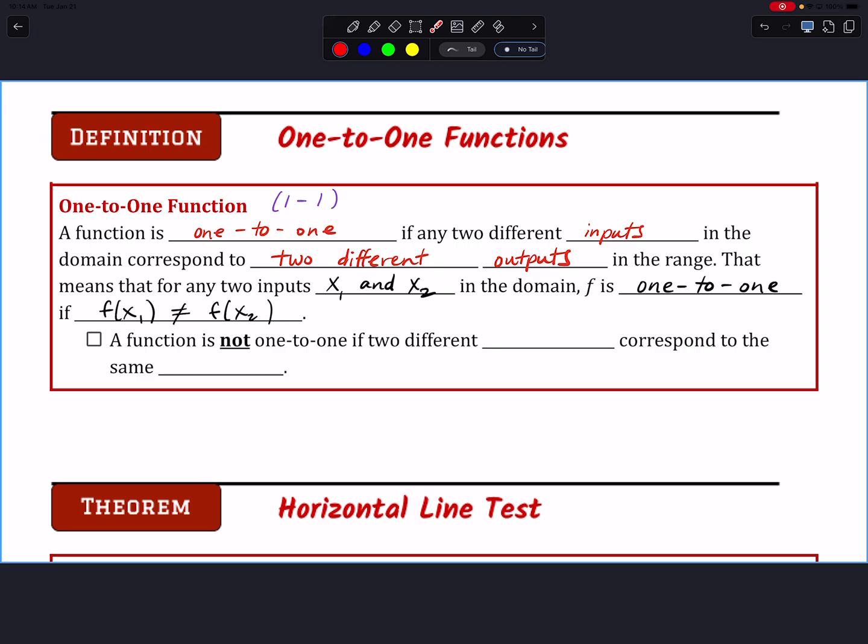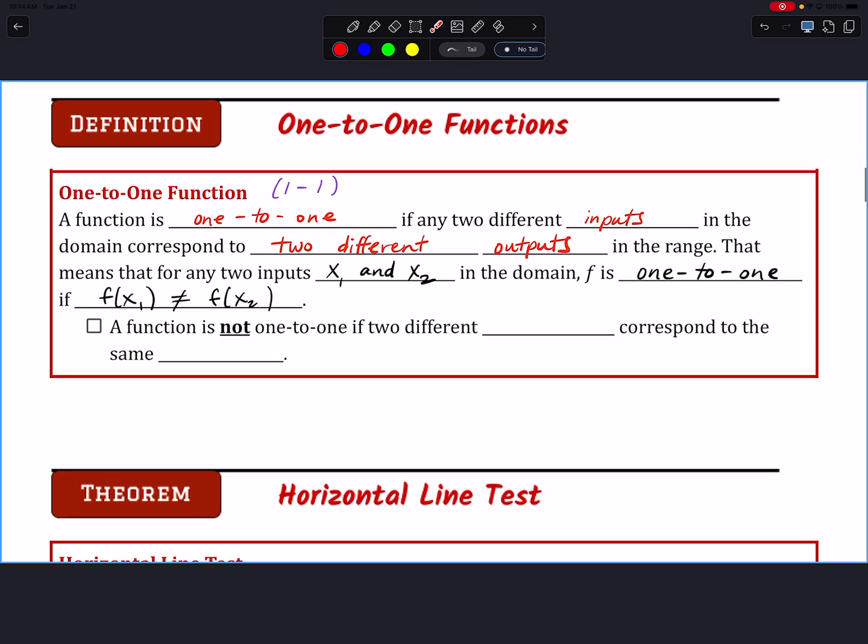So the y values, if these are different numbers, when I plug them into my function, the y values cannot be the same. A function is not one-to-one if two different inputs correspond to the same output. You guys will see an example of that right now.